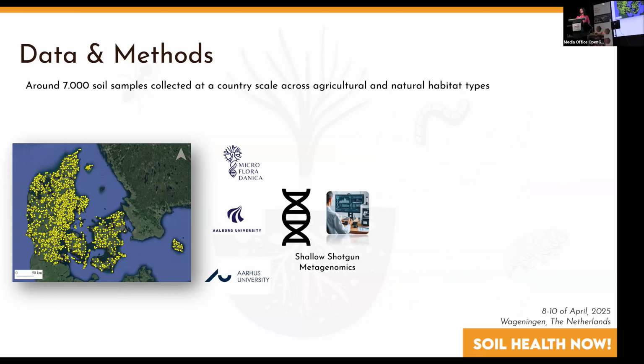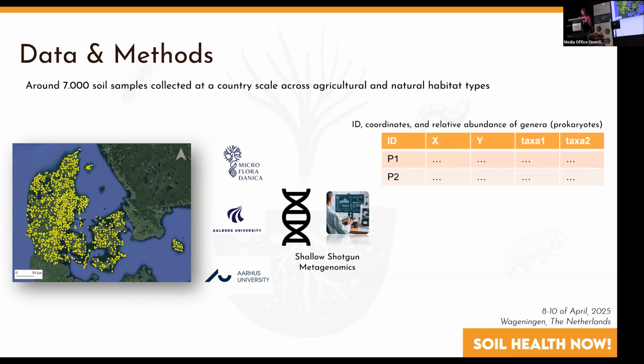With the help of some of our partners in Denmark, who have been doing a lot of metagenomics and bioinformatics, they have used shallow shotgun metagenomics to generate information for us at Aarhus University to be able to map these indicators and study them a bit more in depth.